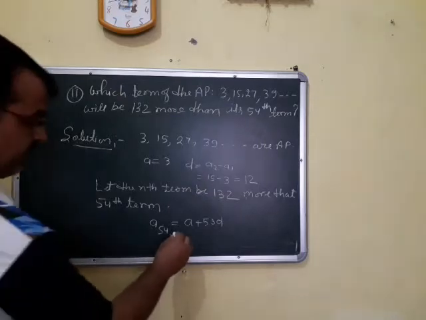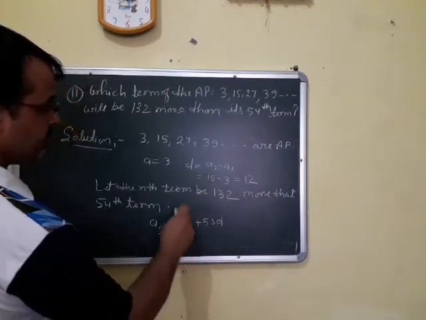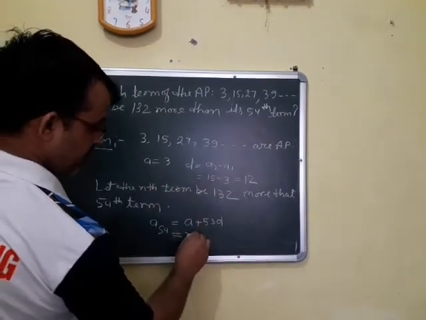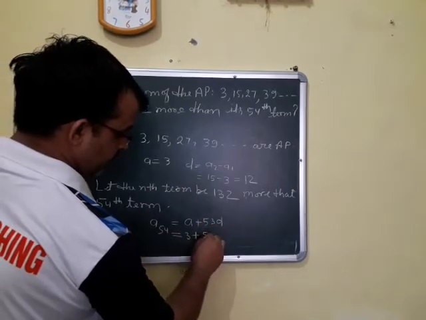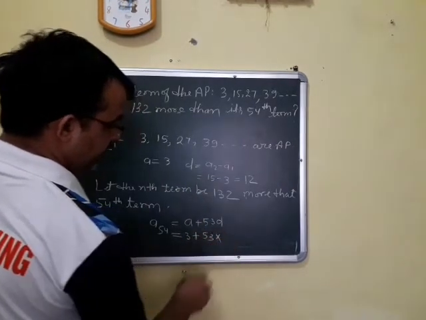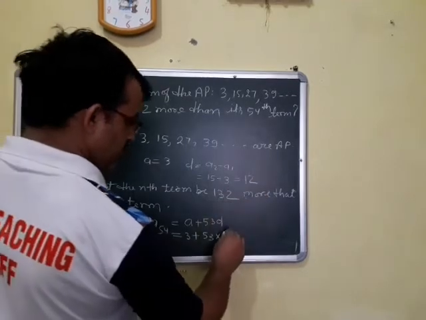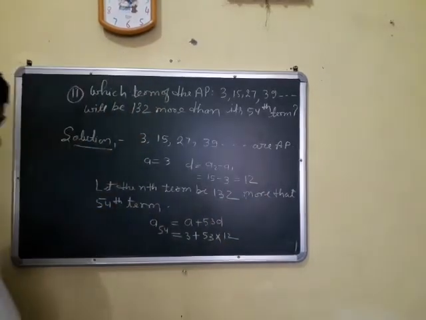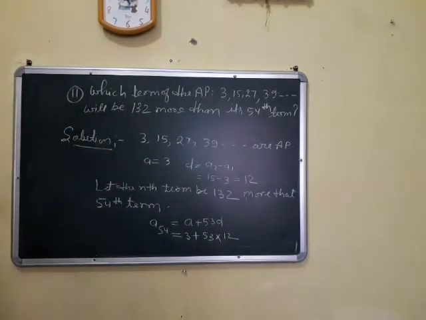So A is given here, A is 3, plus 53 and D here is given as 12. Clear? So what we get here?